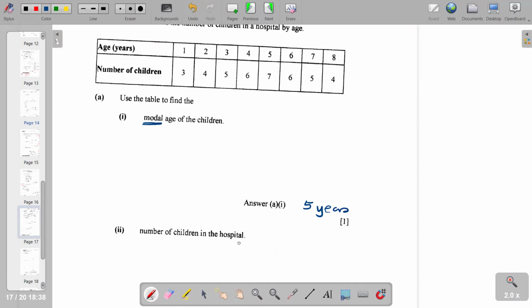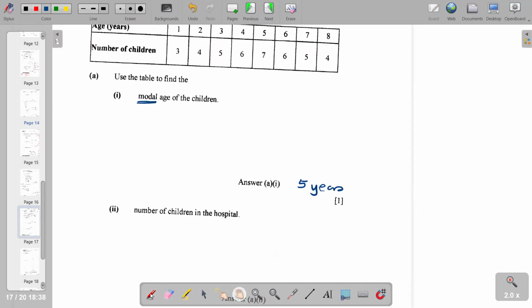Then the next question is the number of children in the hospital. To get it, we simply add all the children in the hospital. So it's gonna be 3 plus 4 plus 5 plus 6 plus 7 plus 6 plus 5 plus 4.